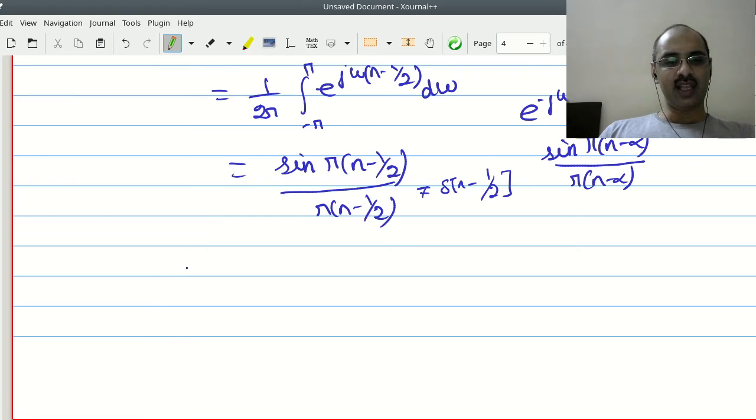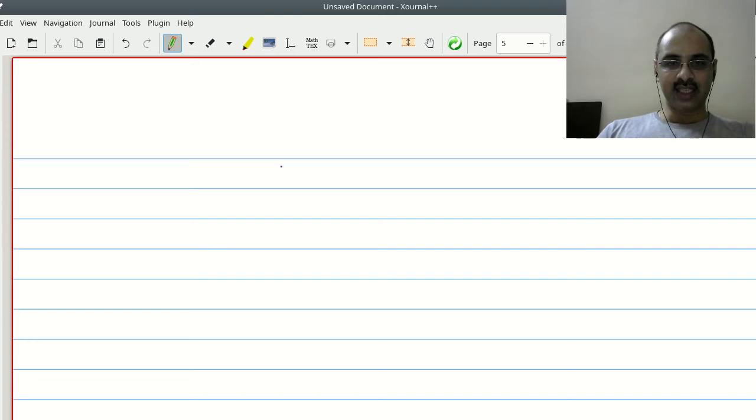So let's actually take delta n and then act on this. Delta n, if you remember, actually corresponds to a sinc. Let me draw these points. The sinc goes like this, over here.